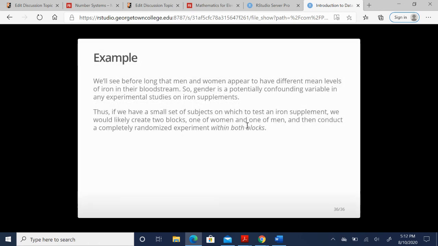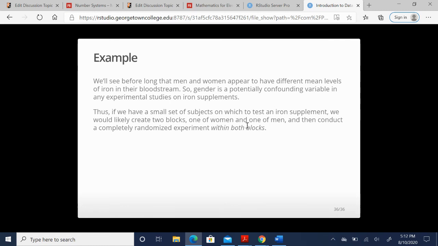But let's think about this. This is a good example for gender, especially. We'll see before long that men and women appear to have different mean levels of iron in the bloodstream. We have a data set that shows that in our studio. Gender is a potentially confounding variable, because it might be influencing that level of iron, and that's not something specifically that we're looking at here.